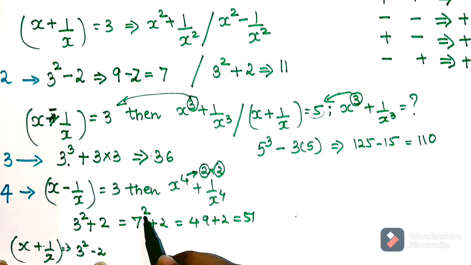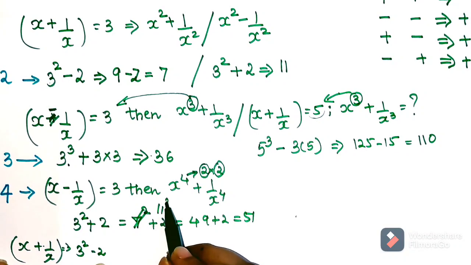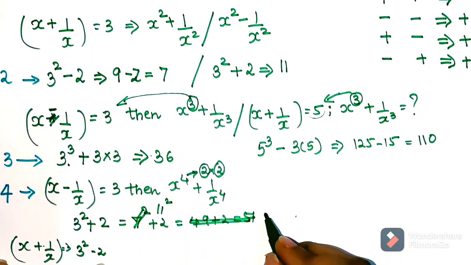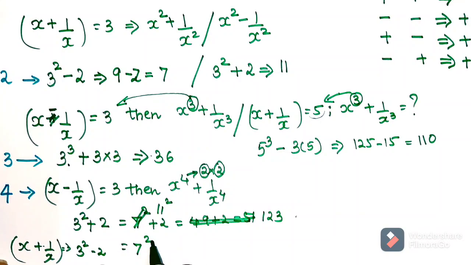Oh, my bad, sorry. This is coming out to be 7. And 7 square minus 2 will get you 49 minus 2, which is coming out to be 47.